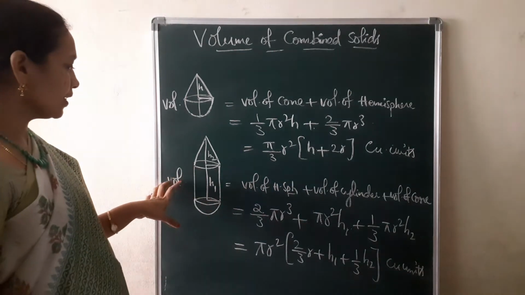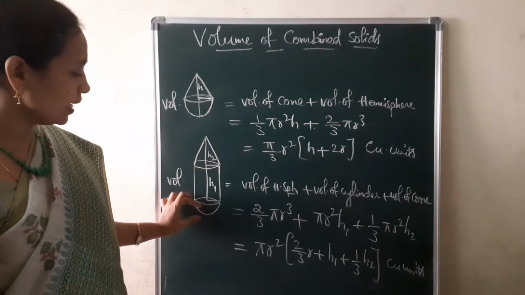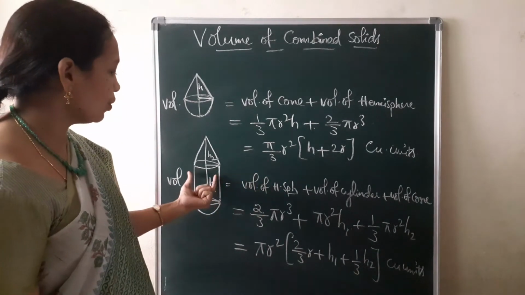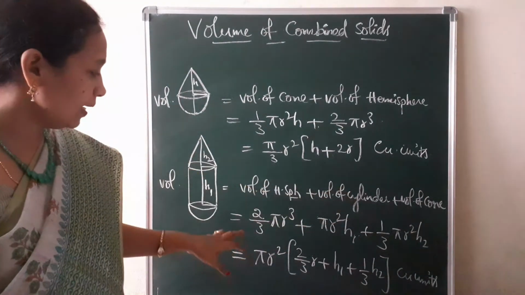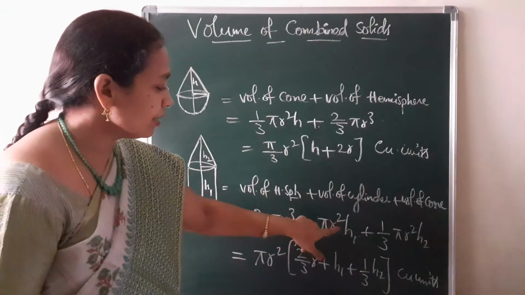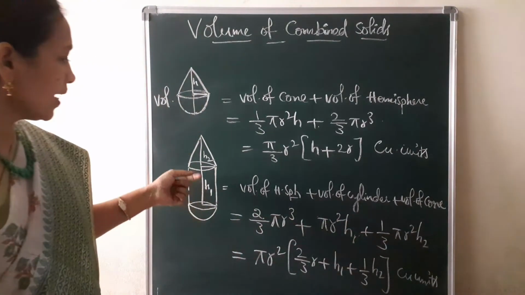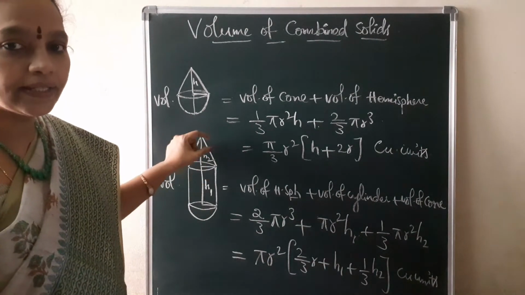Suppose another figure is like this, a cylinder combined with a cone on one side and a hemisphere on the other side. Then you have to add the volume of hemisphere plus the volume of cylinder plus the volume of cone. The volume of hemisphere is 2 by 3 pi r cube. Then pi r square h1. Why are h1 and h2 taken? Because the heights may or may not be the same in the cone and the cylinder.